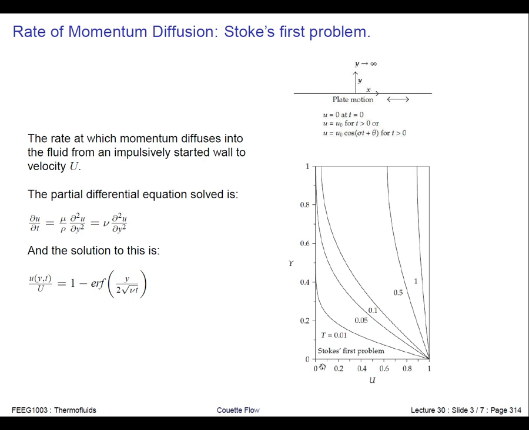If you imagine the wall has been set into motion at time 0, at this particular time, t equals 0.01, this is what the velocity profile looks like, and then at a later time, and a later time, and a later time. So you can see the rate at which momentum travels from the plate into the fluid in terms of this solution.